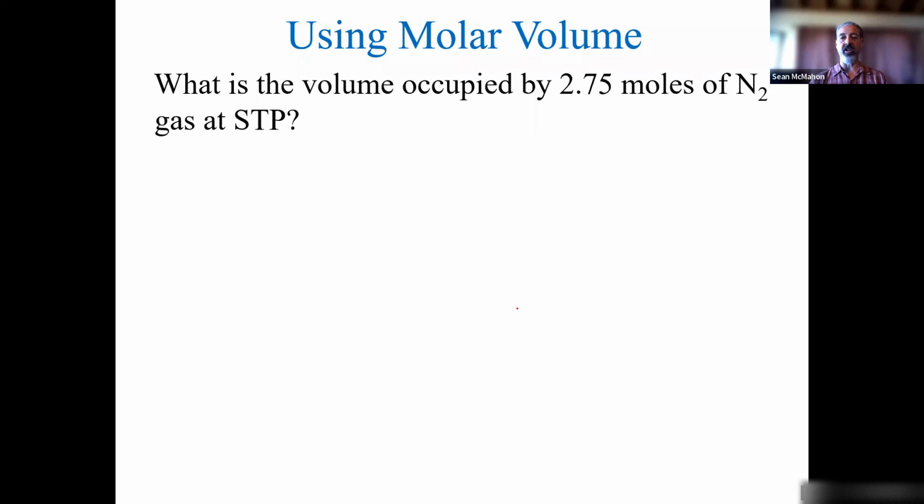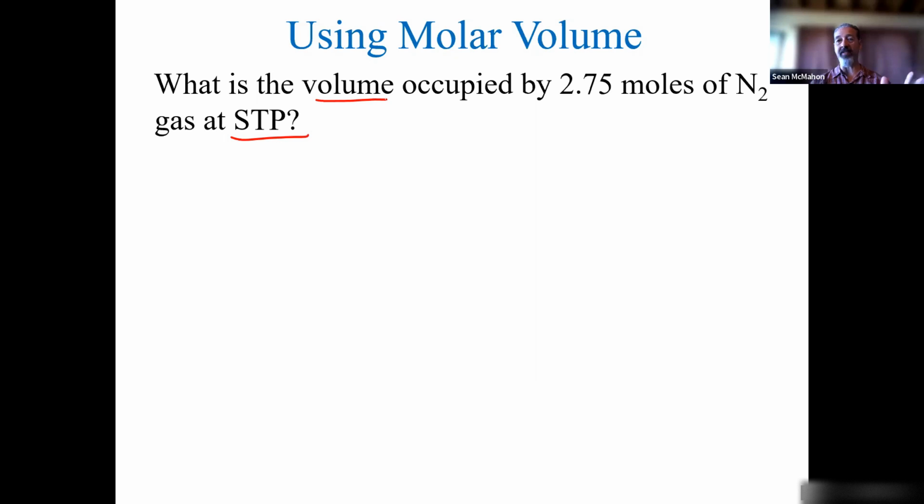So what is the volume occupied by 2.75 moles of N2 nitrogen gas at STP? Well, as soon as they say STP and they want volume, notice there's no change in volume here. There's no V1, V2, N1, N2.